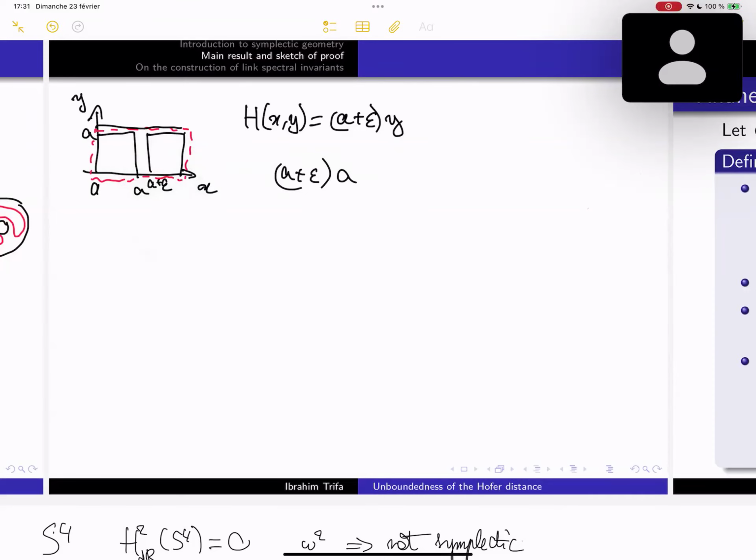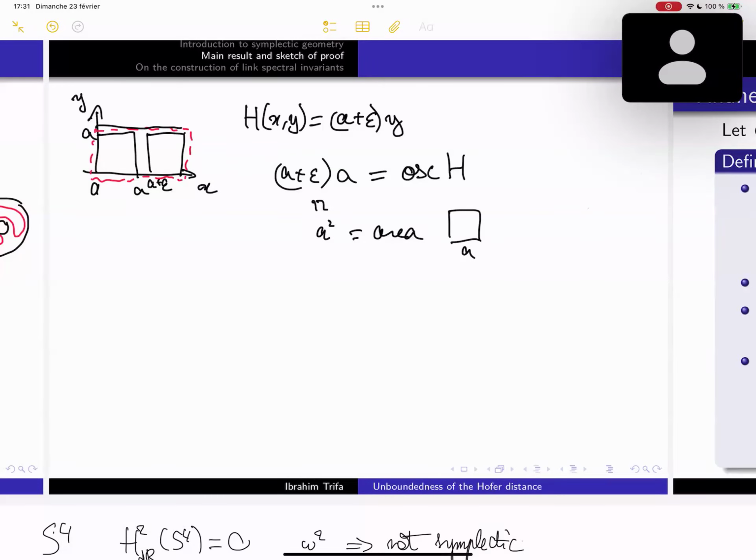So the oscillation of h is equal to this. And so what this shows is that you can displace this square to the other one with a cost of Hofer energy, which is around a squared, which is also the area of the square.